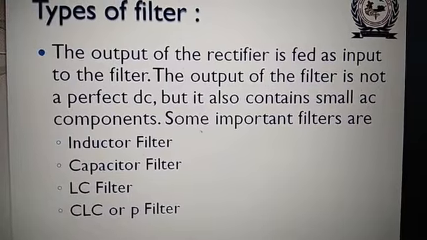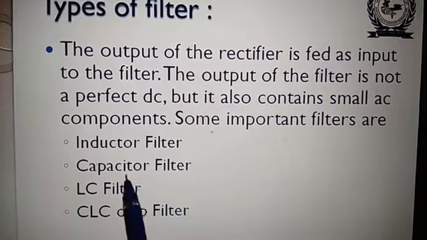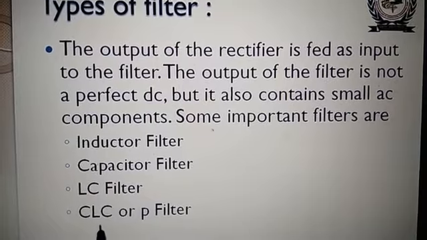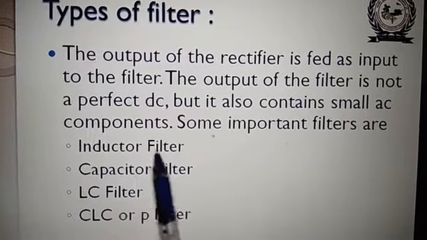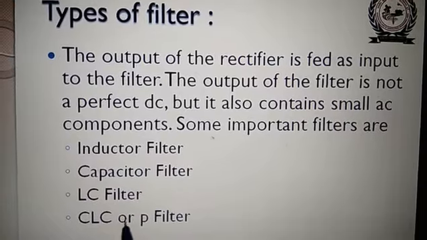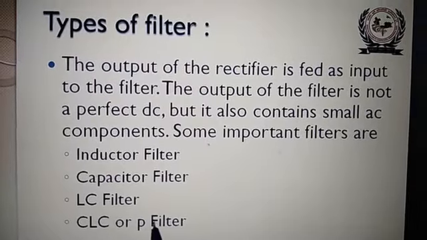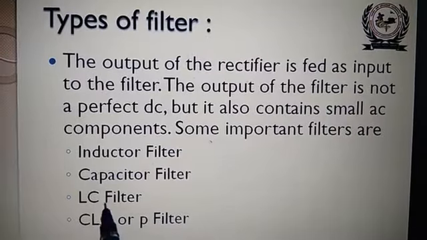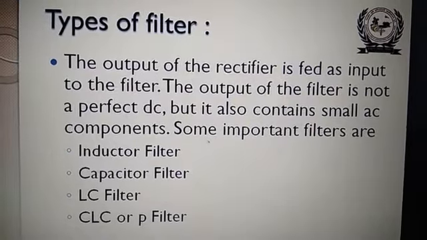Some important filters are the inductor filter, the capacitor filter, the LC filter, and the CLC filter. The inductor filter is called a choke filter. The CLC filter is also called a pi filter. LC means a circuit with an inductor and a capacitor. CLC means capacitor, inductor and capacitor.